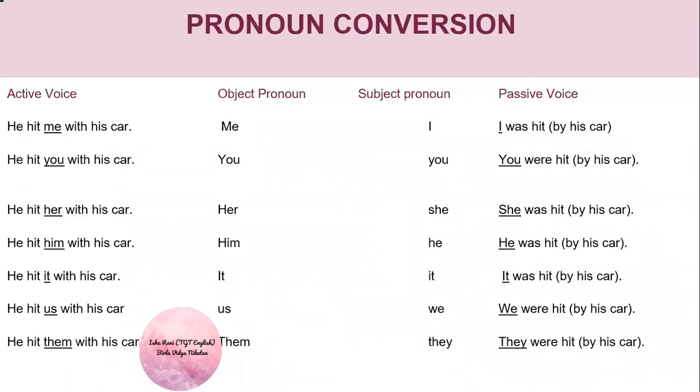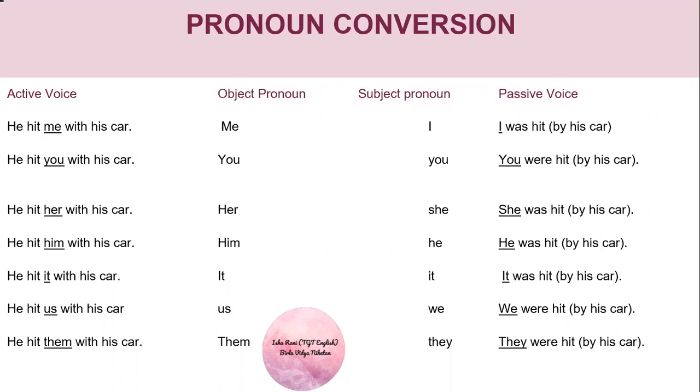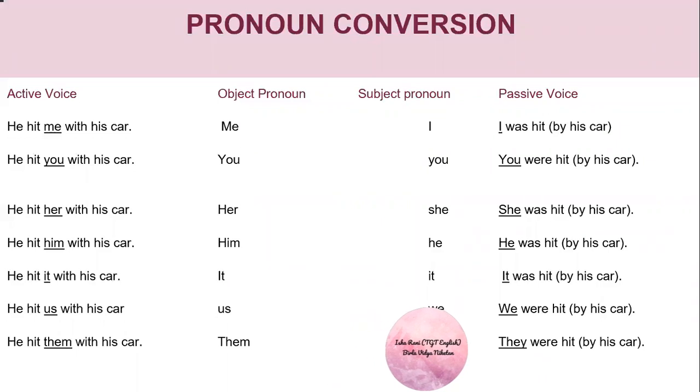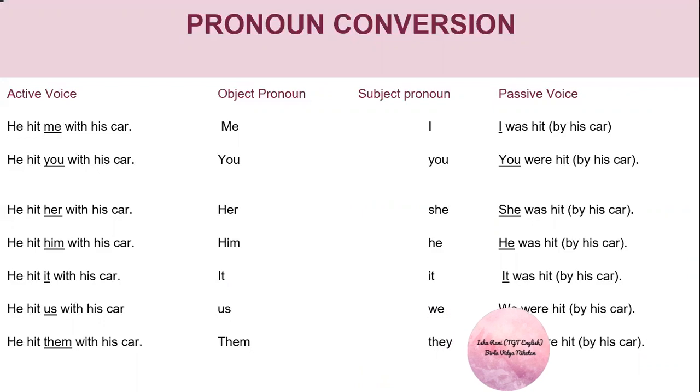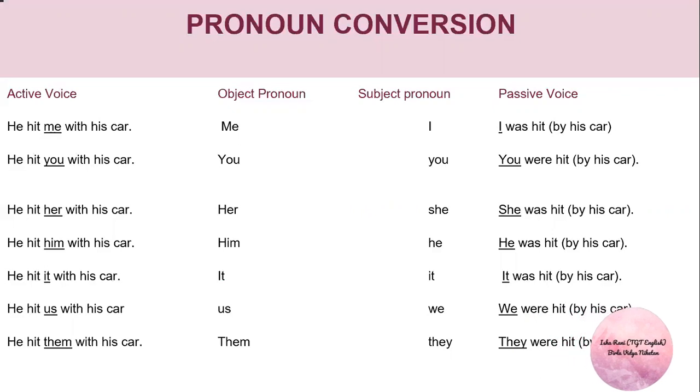Now, let's take a look into how our pronouns change from object pronoun in the active voice to subject pronoun in the passive voice. Say, for instance, take the first example. He hit me with his car. So, me is the object in the active voice. So, we call it an object pronoun because it replaces the object.